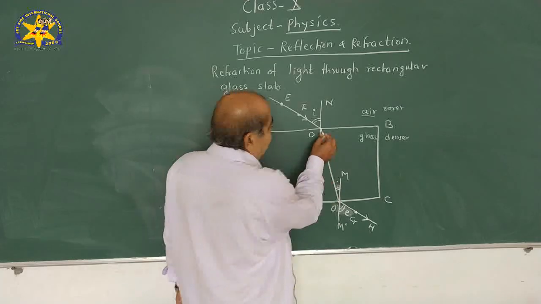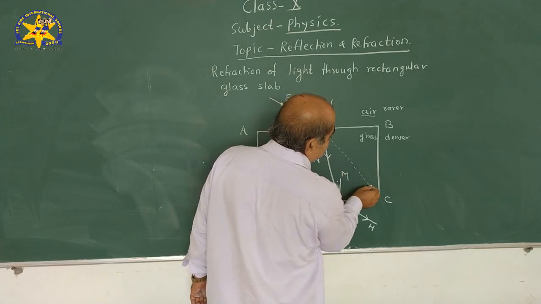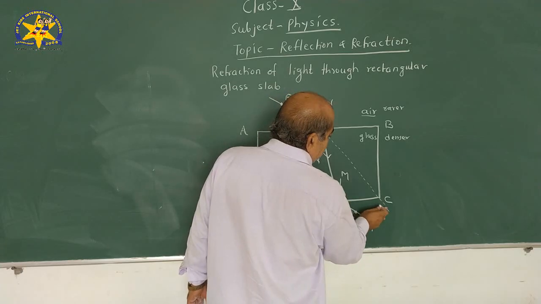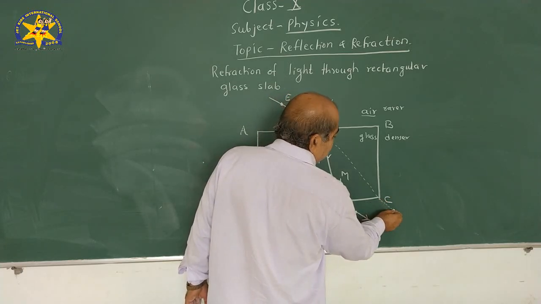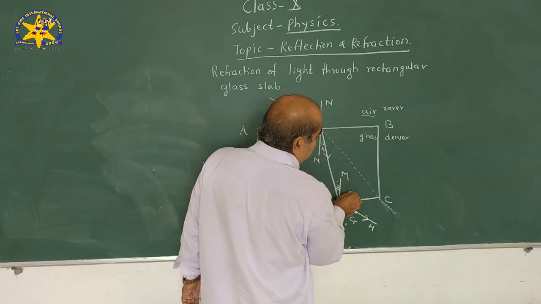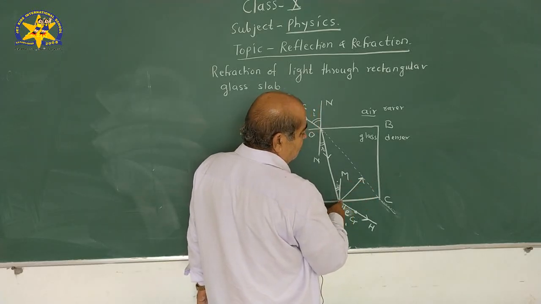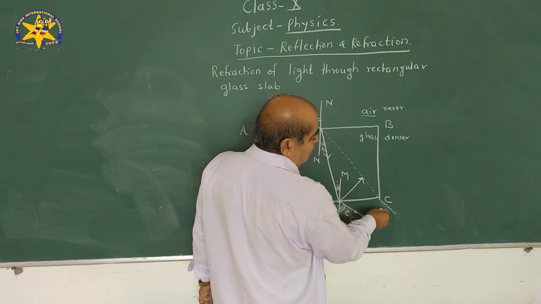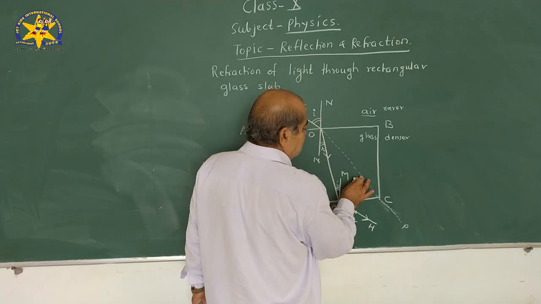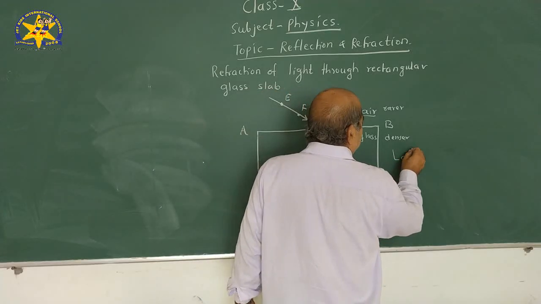Then the original direction of the incident ray is extended, and if a perpendicular is drawn from the point O dash to the original direction of the incident ray, then this distance is called the lateral displacement.